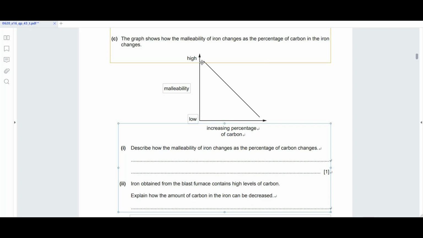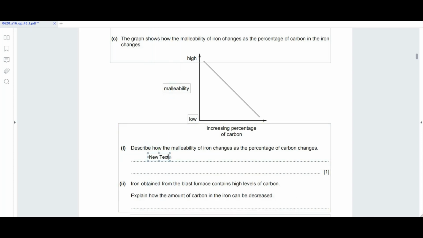You can see the line is sloping downwards. This means the malleability is decreasing as we increase the percentage of carbon. If it was sloping upwards, the malleability of iron would increase. But now it is sloping downwards, so we should mention that it's decreasing.